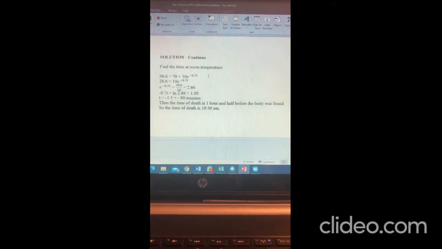And then we find the time at room temperature, which is negative one and a half hours, which is negative 90 minutes, and it was 12 a.m. at this time.